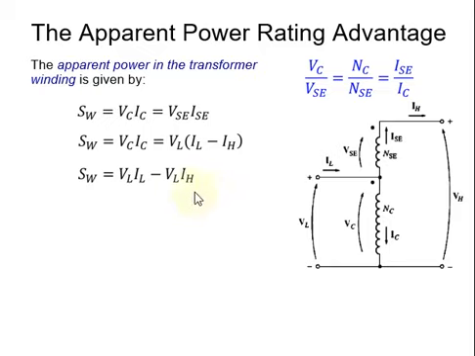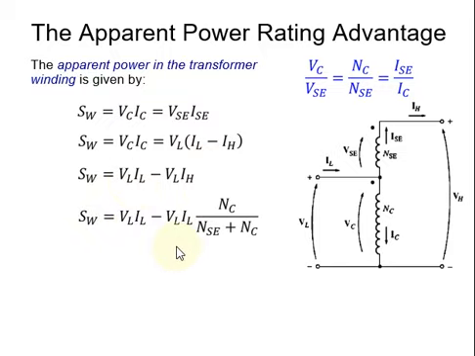In this case, we know that this is equal to VC IC, but we know that VC is equal to VL and IC is equal to IL minus IH. You can also see this from Kirchhoff's law. By multiplying by VL, we get over here VL IL minus VL IH.